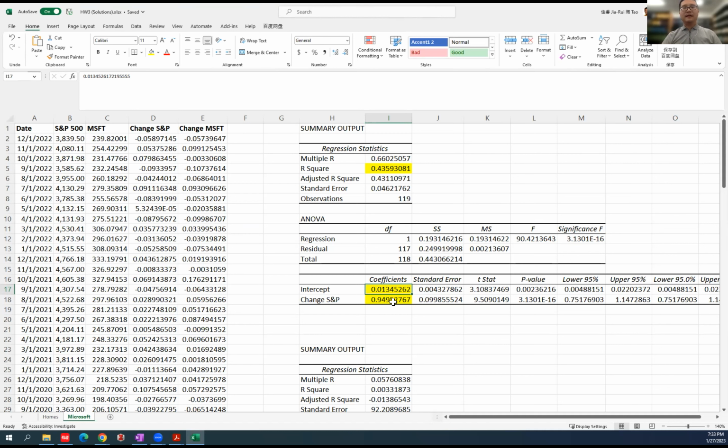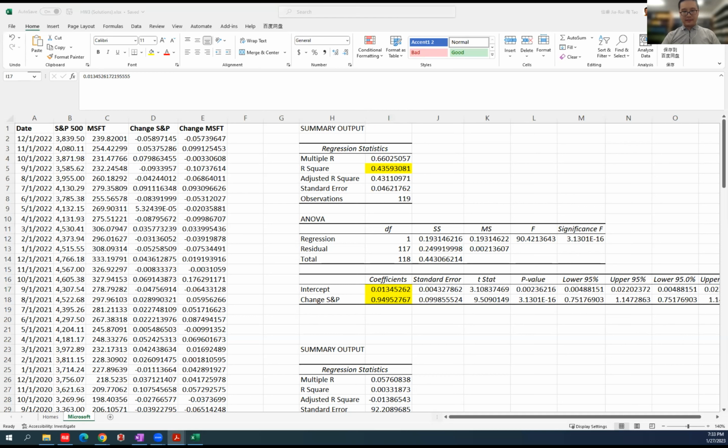So it may not carry a meaningful interpretation in this case either. However, the intercept is still required for making the correct prediction of percent change of Microsoft stock price. Was it clear? All right.